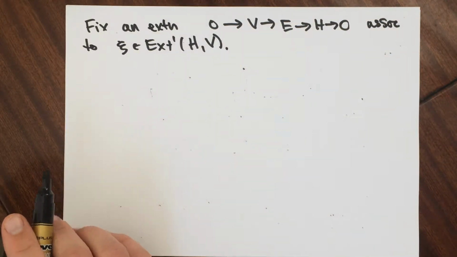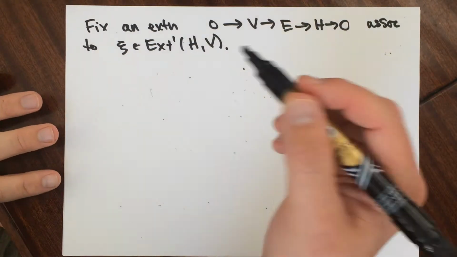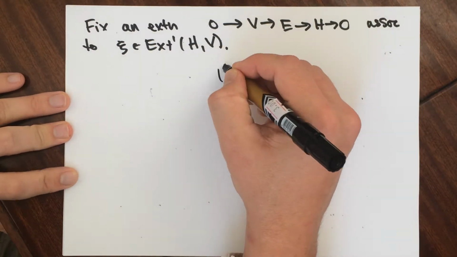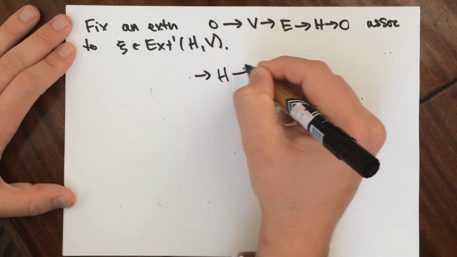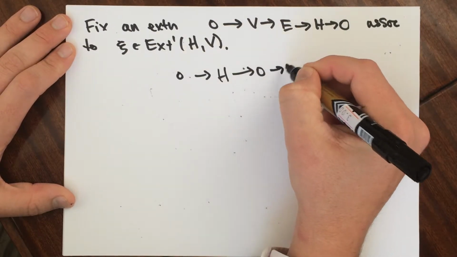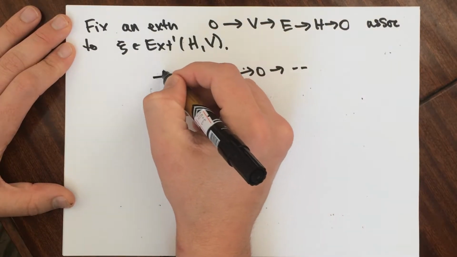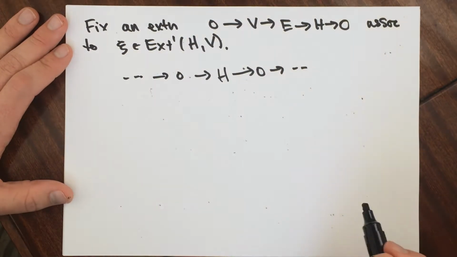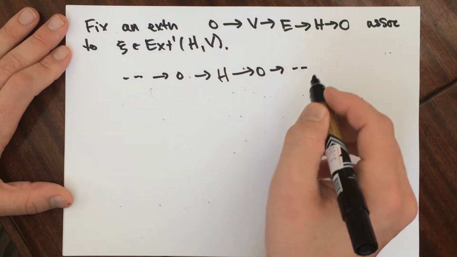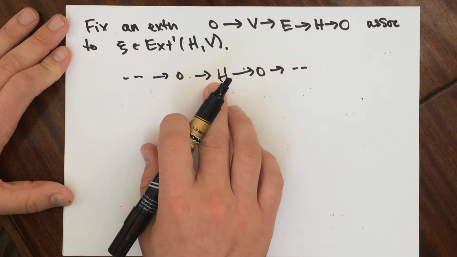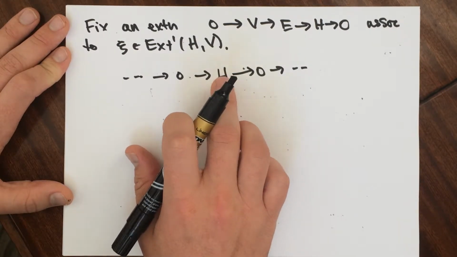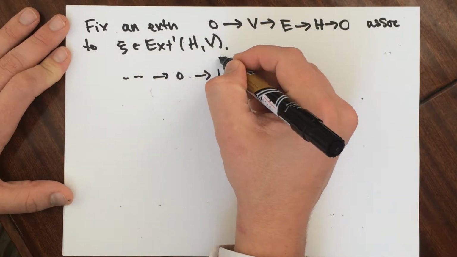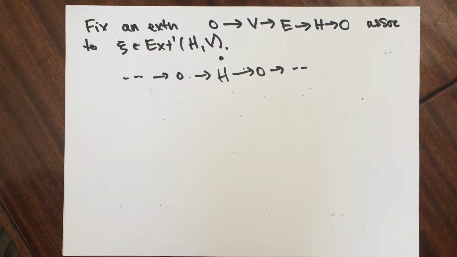Okay, so now let me write down something. I'm going to write down H. H is just an object in A, but remember when we want to view it in the derived category, or as a complex, we just extend it, we make it this stupid complex here. So we have this complex, and its cohomology is concentrated in degree 0, and the cohomology H^0 of this complex will be H. So this is the degree 0 piece again. I'm going to write down another complex.